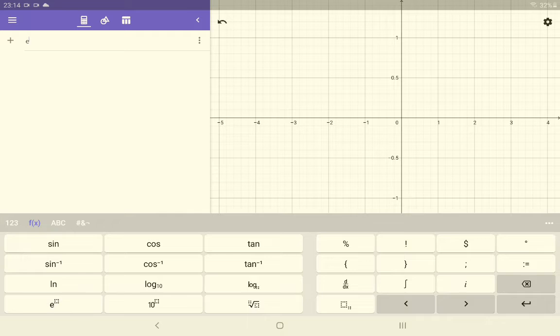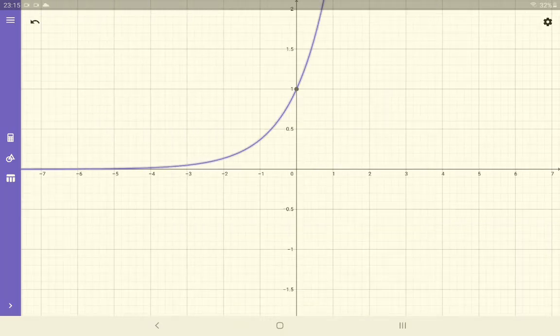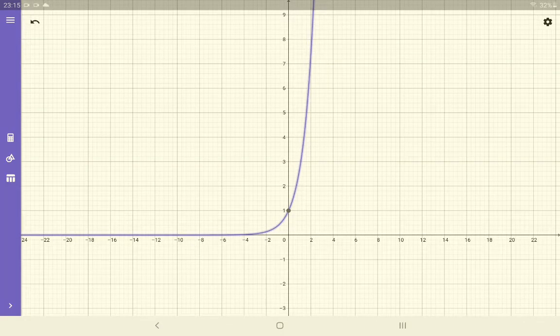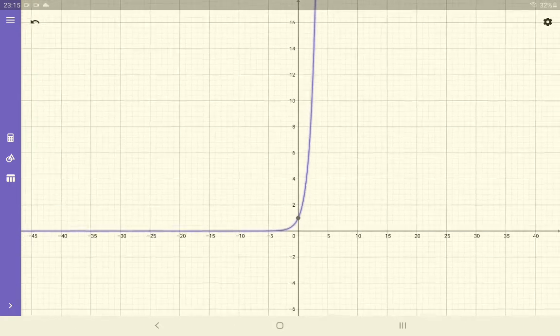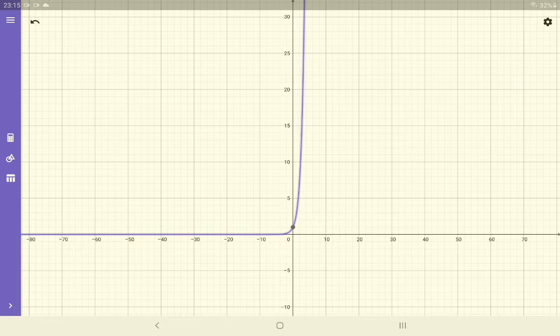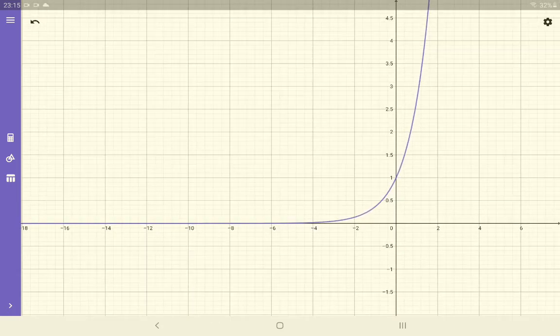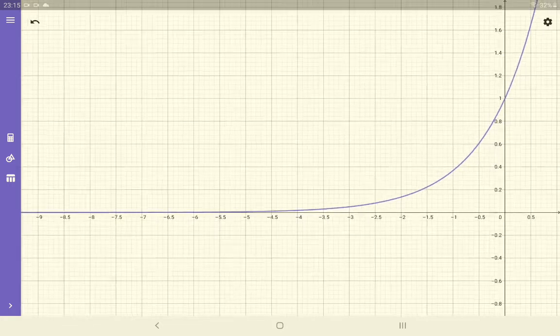See, if I have e raised to x, see the graphical structure of the exponential function, y equal to e raised to x. For y equal to e raised to x, your graph looks like this.